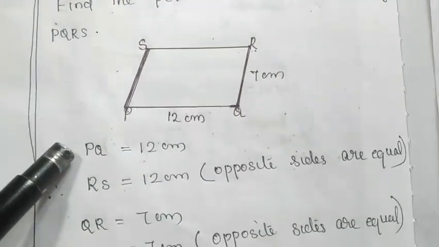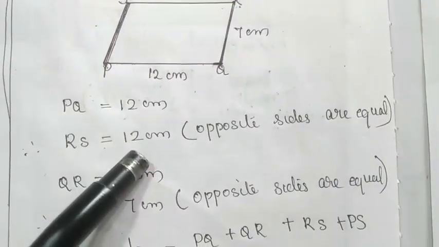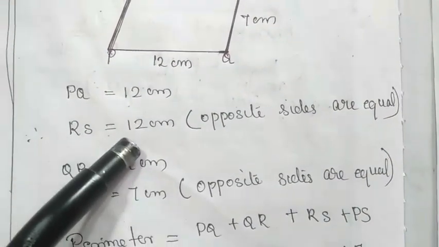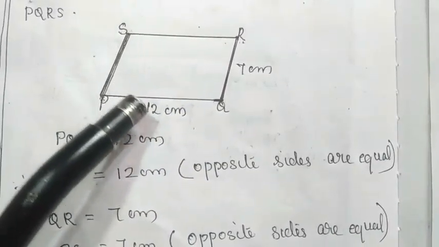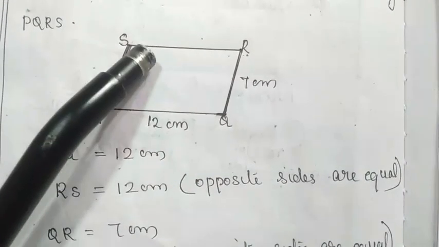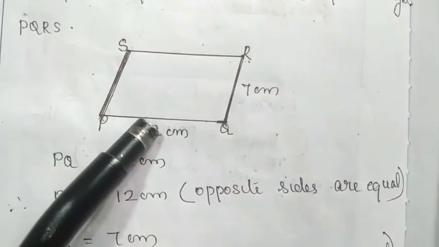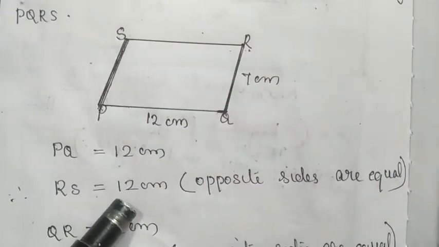Here PQ equals 12 cm, RS is 12 cm. Why is RS equal to 12 cm? This RS is the opposite side of PQ, so they are equal in length. So RS equals 12 cm.